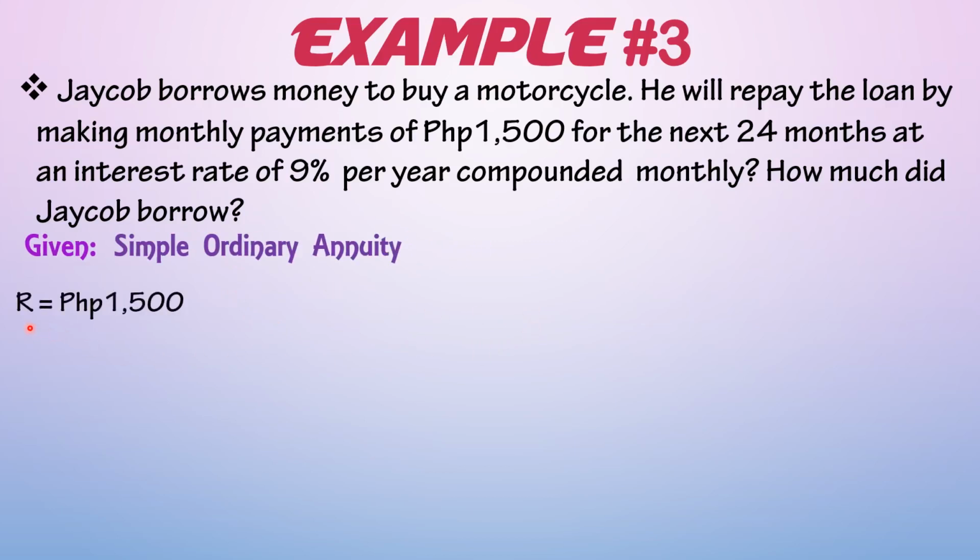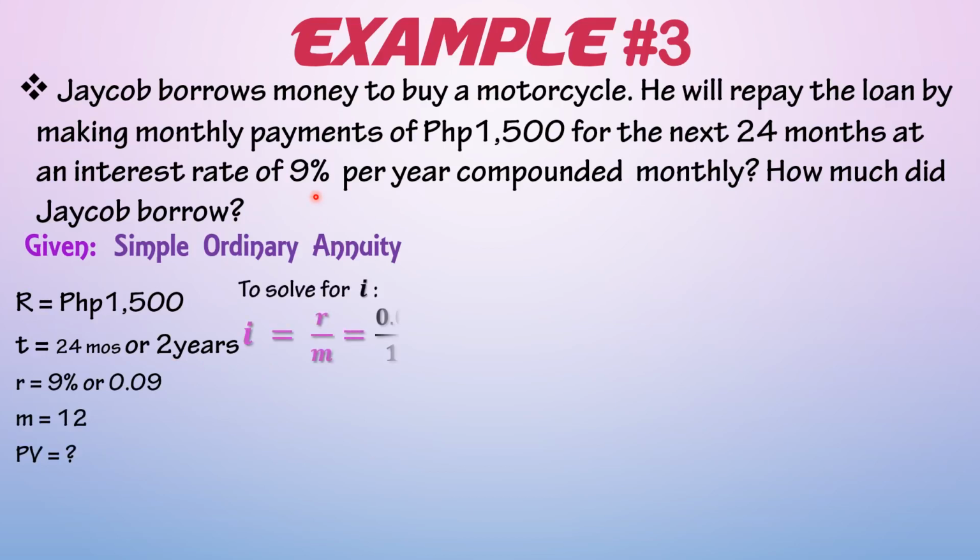So for the given, you have the periodic payment 1,500. For the time you have here 24 months or equivalent to 2 years, the rate is 9% and compounded monthly, so you will have the value of M is 12. And then you're asked to find the present value. So solving for I, again that is R divided by M, so 0.09 divided by 12, so that will give us an exact value of 0.0075.